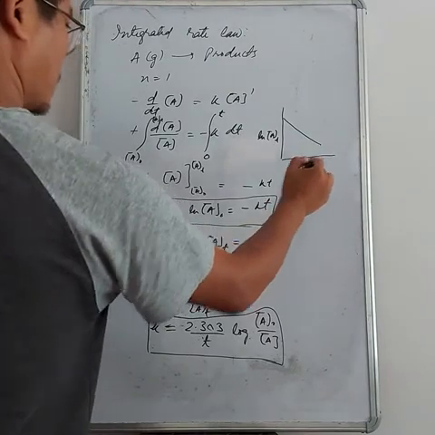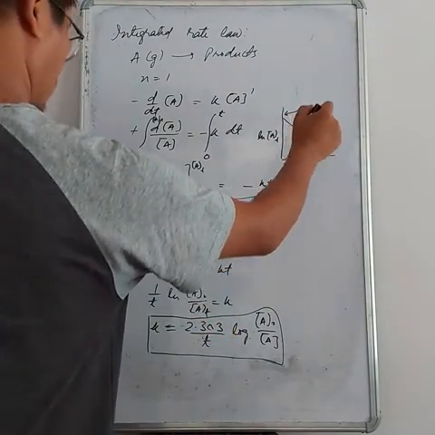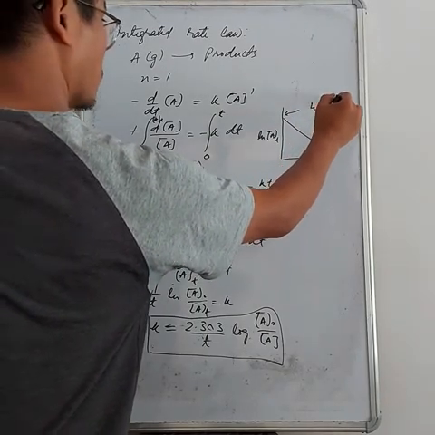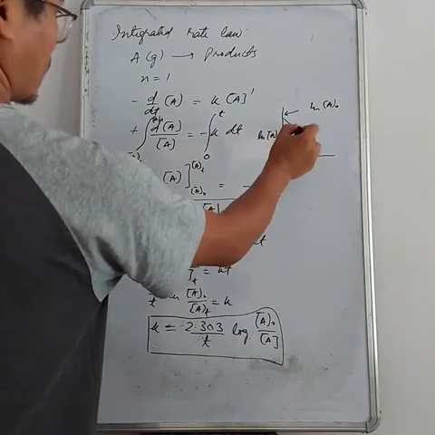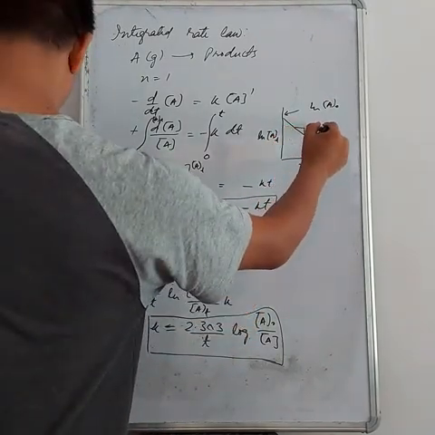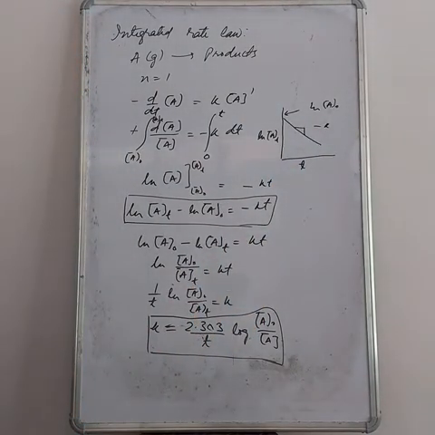The x-axis will be our time axis. The intercept will be log of the initial concentration, and our slope will be given by negative k. So that is how our graph will look for a first order reaction.